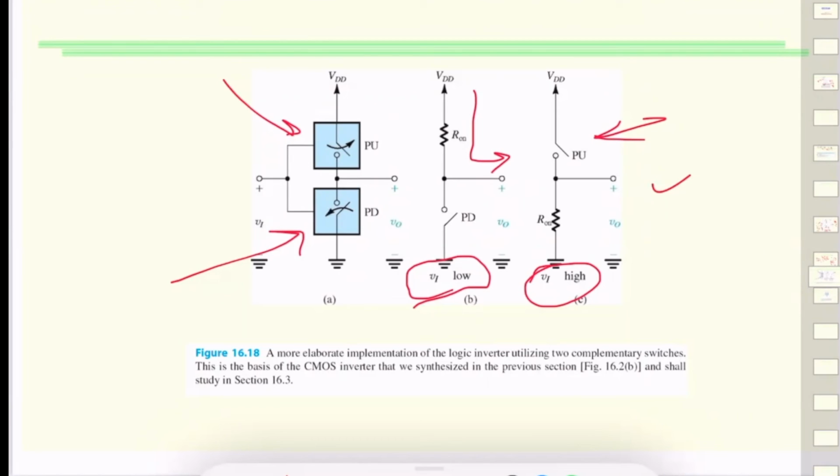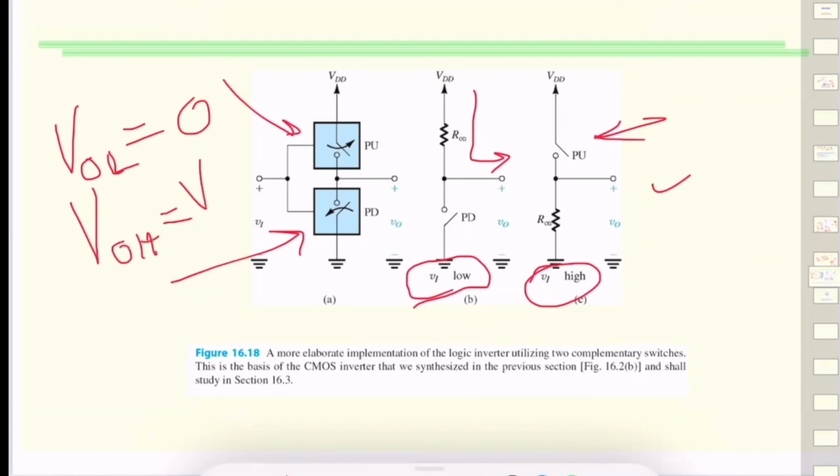Now, again, we can draw VTC for that as well, but the basic idea is still the same, that our output is 0 for the high, and our output high is just the VDD, which is shown here clearly.